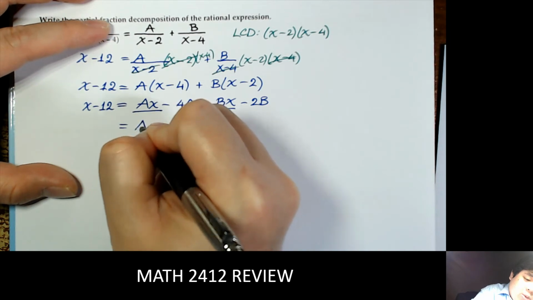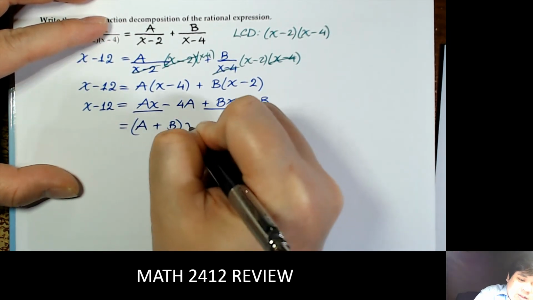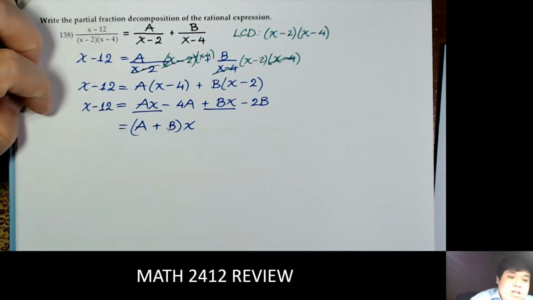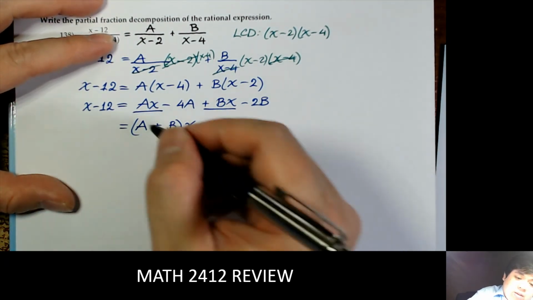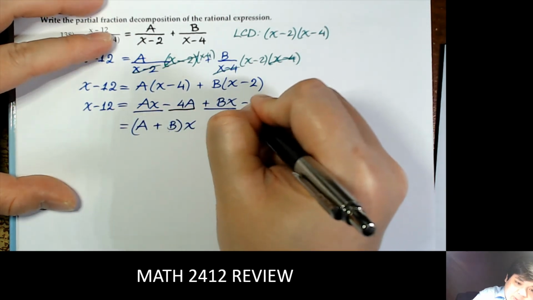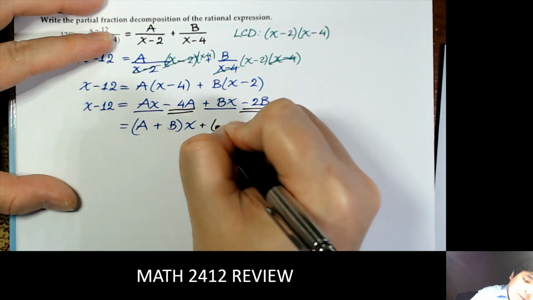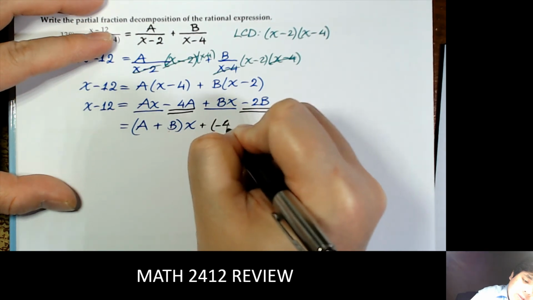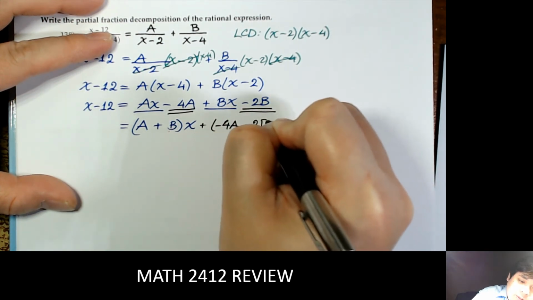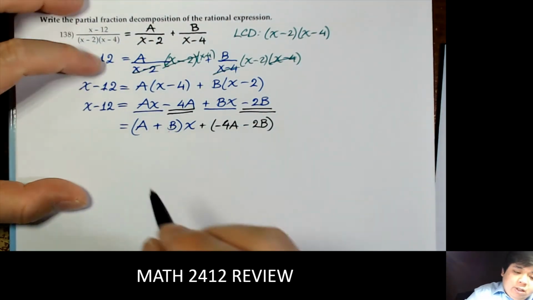Like I said, if there's a way to combine this systematically, for bookkeeping, that would be great. And then minus 4A minus 2B, and then we'll just match them.